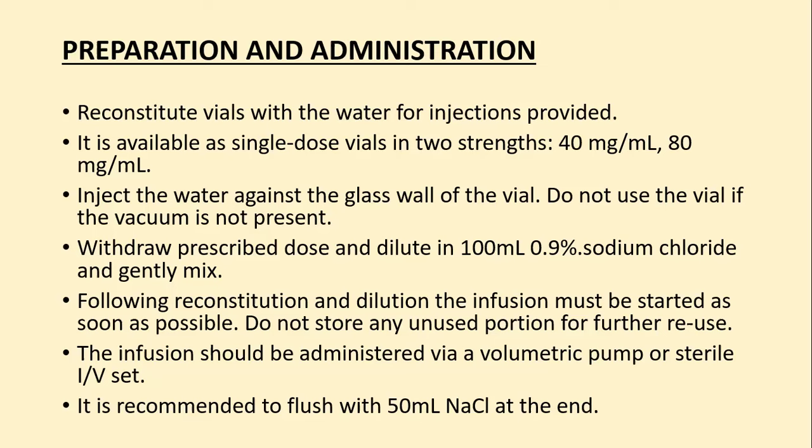Following reconstitution and dilution, the infusion must be started immediately. Do not store any unused portion for reuse. The infusion should be administered via a volumetric pump or sterile IV set. It is recommended to flush the cannula or the vein with 50 ml normal saline at the end of the infusion.